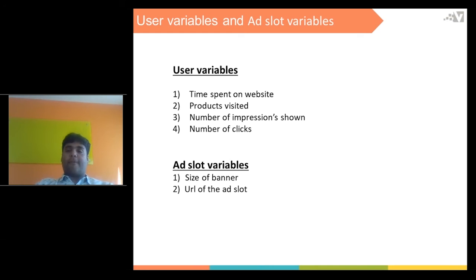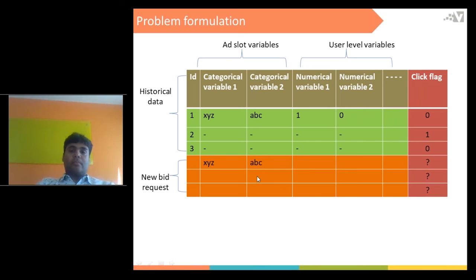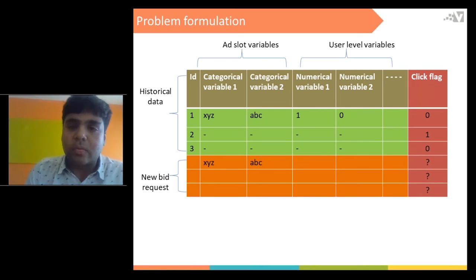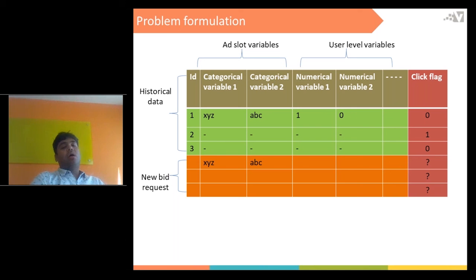Cool. So this is the interesting part. We have some ad slot variables, some user variables. And we also have historical data, which is, in general, which type of variables got clicked in history.